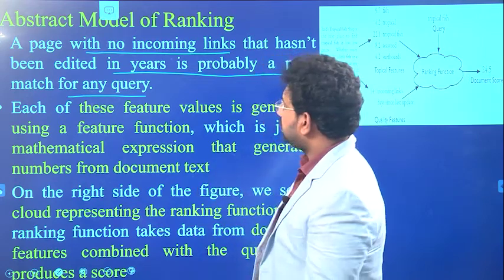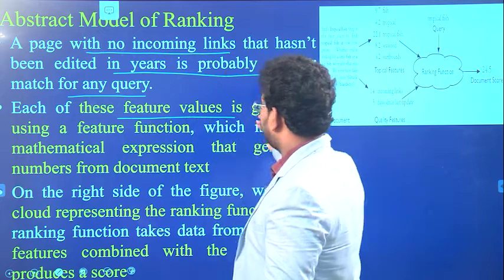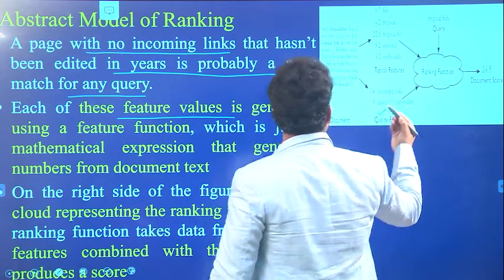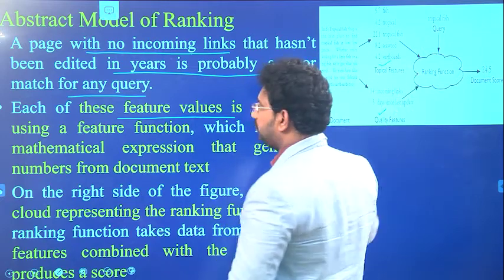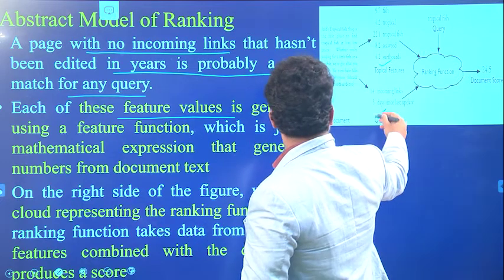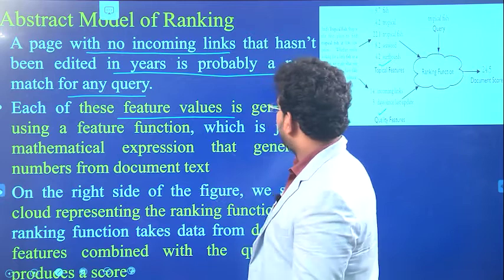Here, what feature values will we have? There are two kinds of features: quality features and topical features. Each and every feature has a numerical value, expressed as a number.